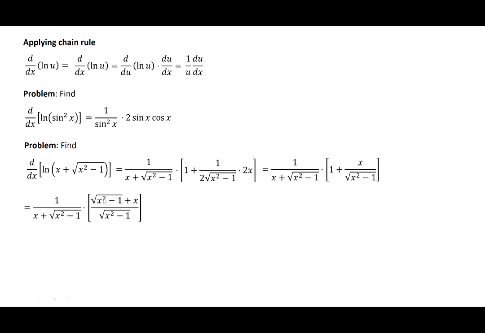But then, okay, maybe I could have put it this way. Multiply and divide by square root of x square minus 1.